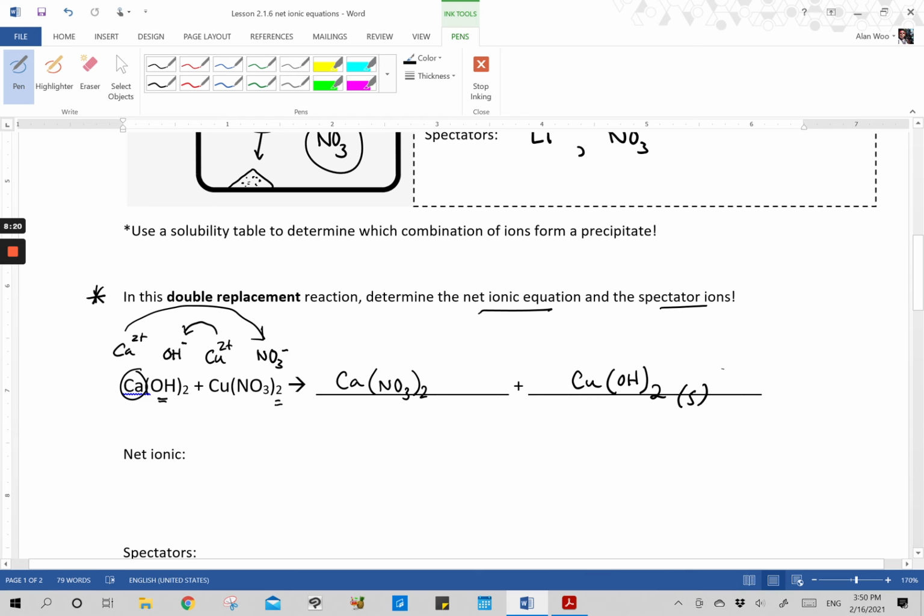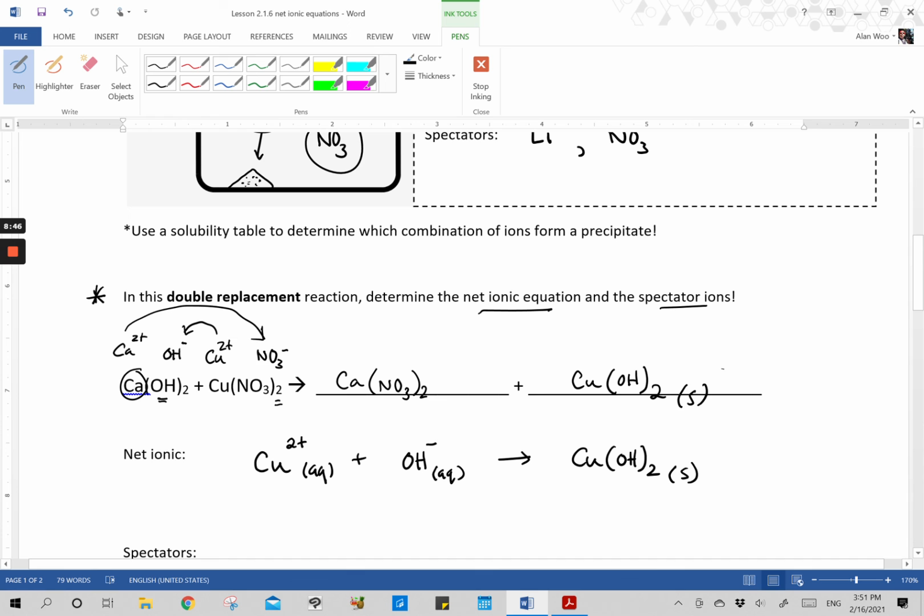So that means when I'm writing out the net ionic, I want to include the ions. In this case, Cu2+ aqueous, plus the OH- ions, aqueous, to give us Cu(OH)2 solid.